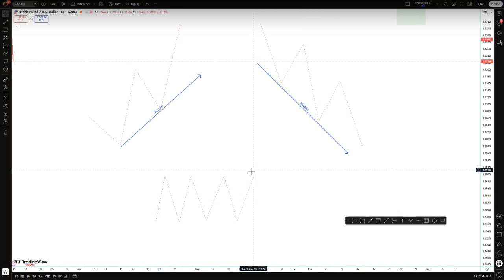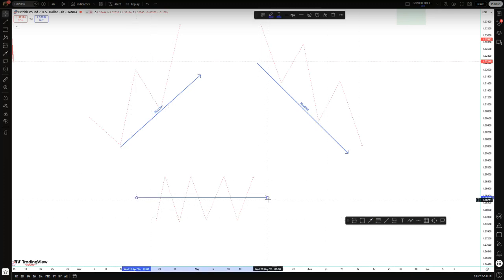We have the bullish movement, we have the bearish movement, and then we have the ranging direction. Now in this range, it's just going sideways. Here it is just going sideways, ranging market.